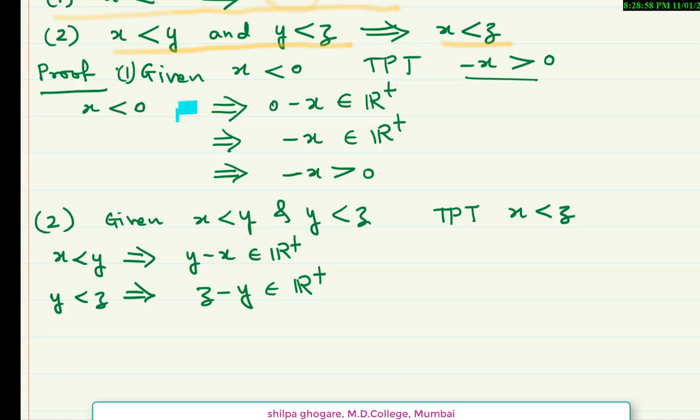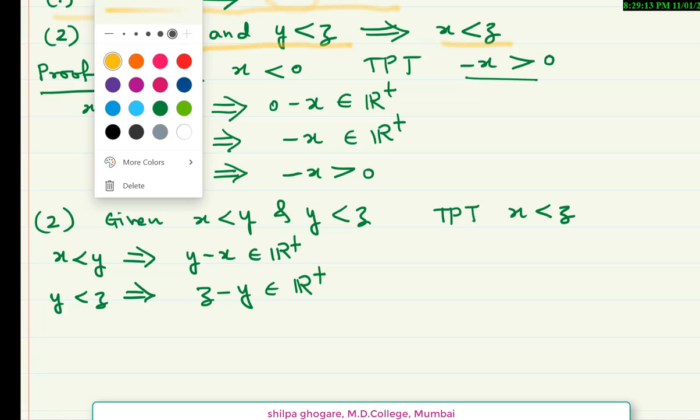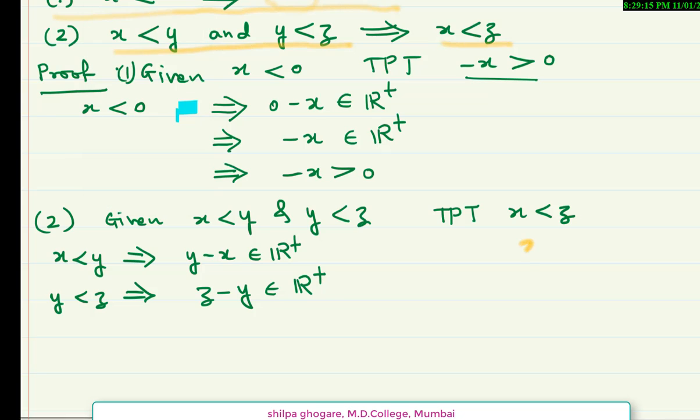Now these are the two statements which I am getting from the given. Let us focus on x less than z and look at what is to be proved. To prove x is less than z, what I need to prove is z minus x belongs to R plus. If I prove z minus x belongs to R plus, then I have done, and I can write x is less than z. So I should get z minus x.